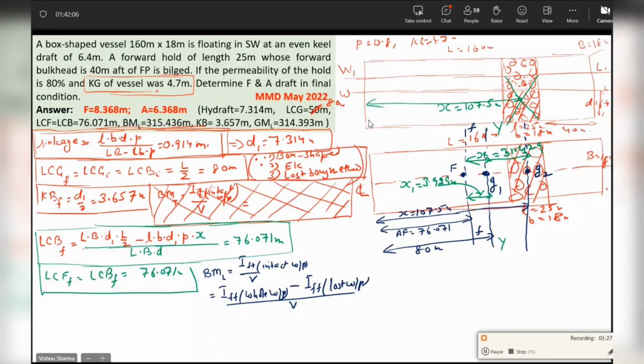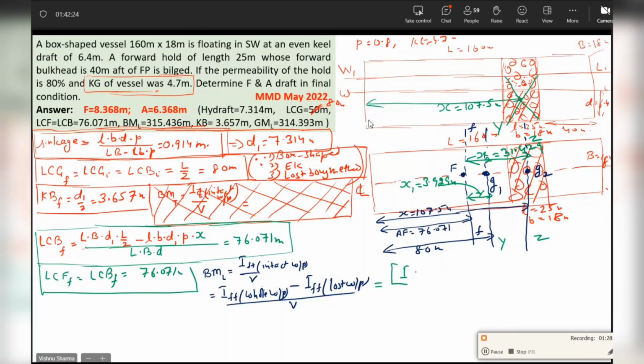Okay. So now, with reference to these new axes and this axis I marked as ZZ, mark your axis. You will write this formula with reference to this now. IFF of the whole water plane. First, I'm writing this in the box bracket.